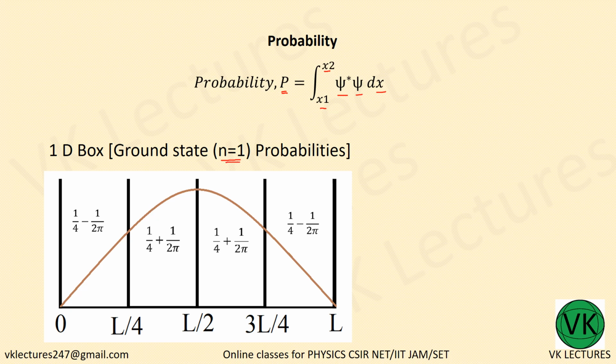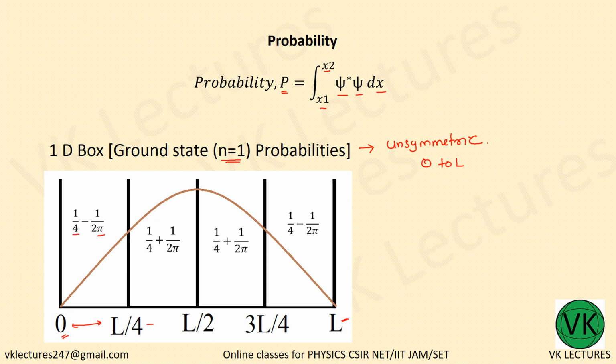Then for a 1D box, now there is one more parameter we have to define here. It is an unsymmetric box. Unsymmetric means it is from 0 to L. The length of the box is from 0 to L. So from 0 to L, if you consider the probabilities in each of the following sections: from 0 to L by 4, the probability is 1 by 4 minus 1 by 2 pi.